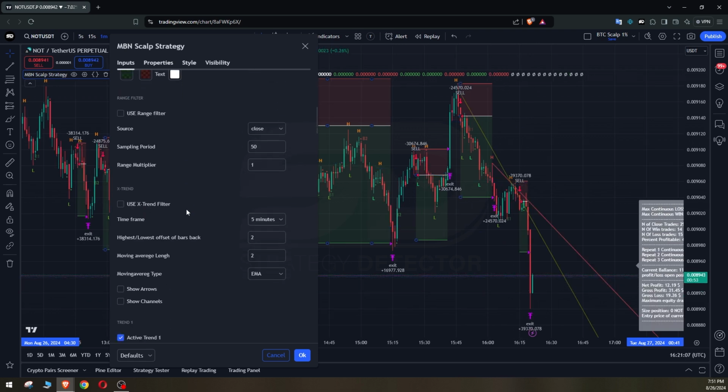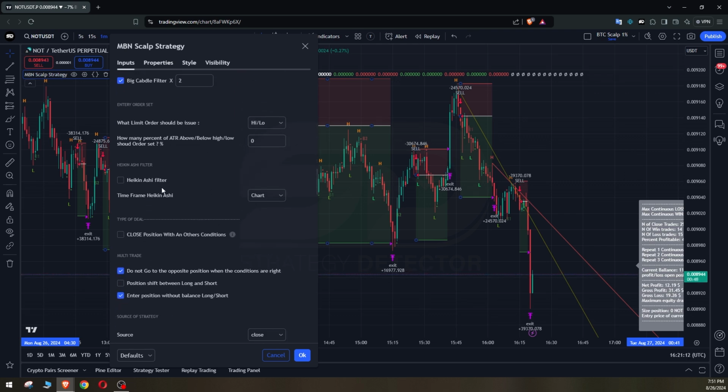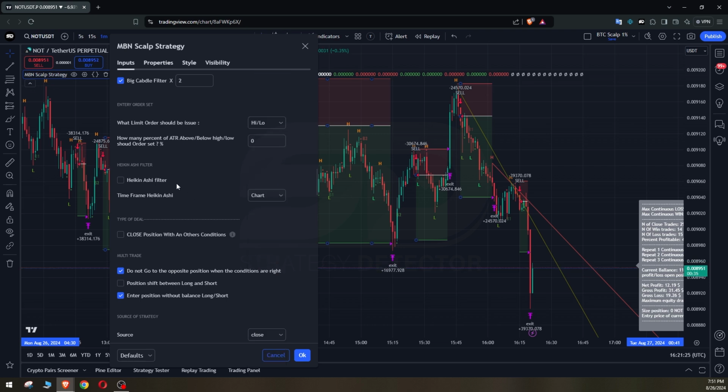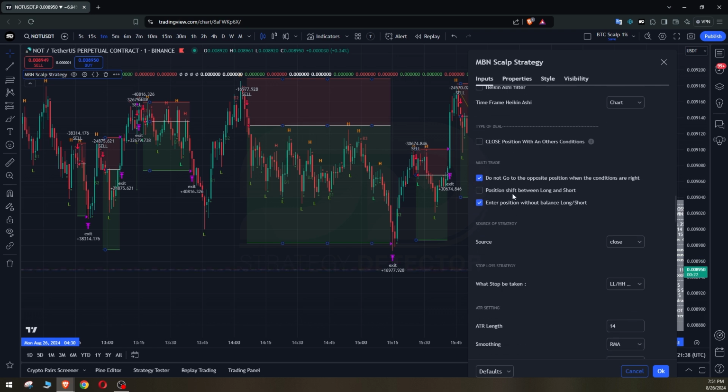This scalping strategy is particularly fast and precise, including multi-time frame Heikin-Ashi filters. Using this filter, you can check different time frames and use higher time frames to confirm the trend direction. For example, if Heikin-Ashi candles in higher time frames show an upward trend, a short position will not be activated.